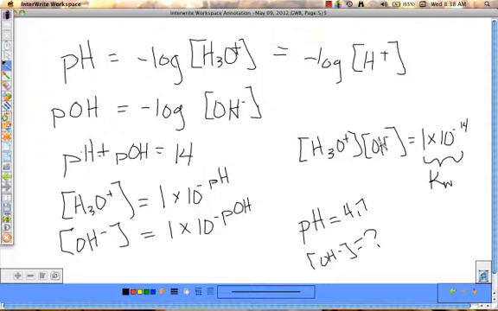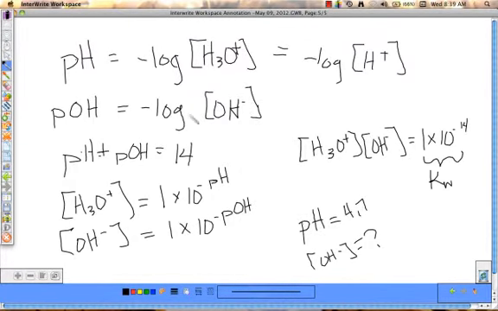These are the two equations that have hydroxide concentration in them. In order to use this equation, you need to know pOH. To find pOH, you use this equation: take 14 minus the pH, then plug that into this equation to get OH minus.